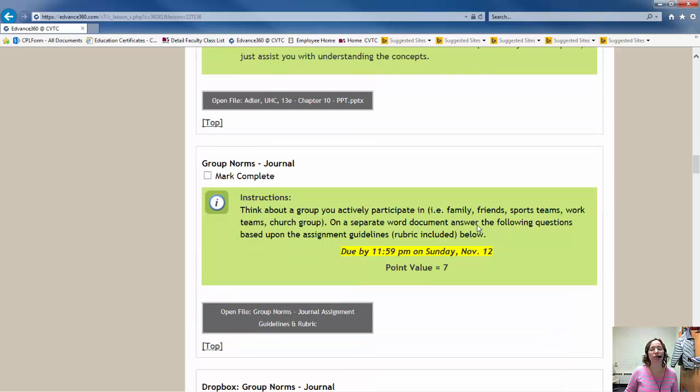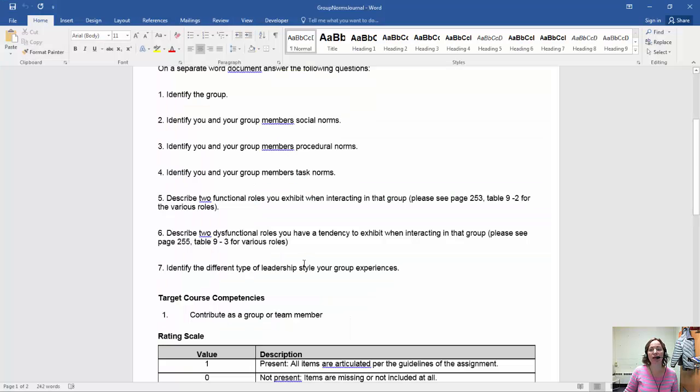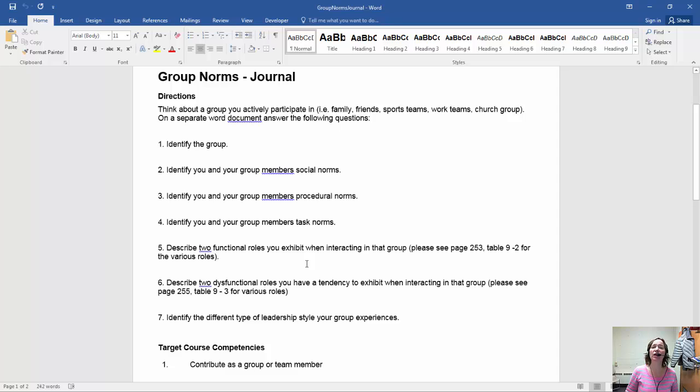And then you will be reflecting on a group experience by completing a group norms journal. This assignment asks you to think about a group that you are actively involved in. It can be a church group, a sports group, a school group, it can be a family or team that you're a part of. It doesn't matter.